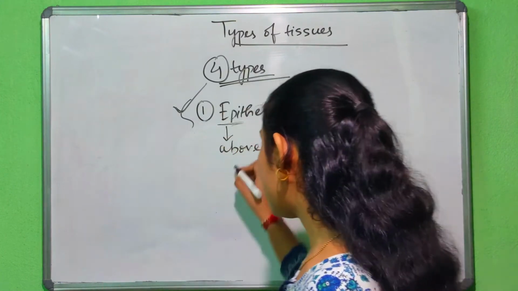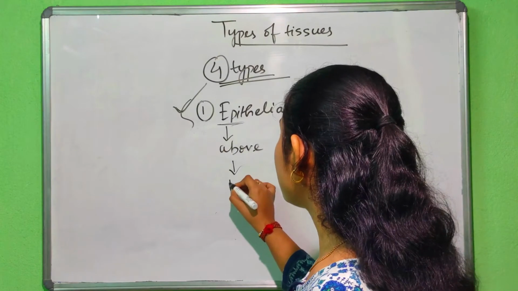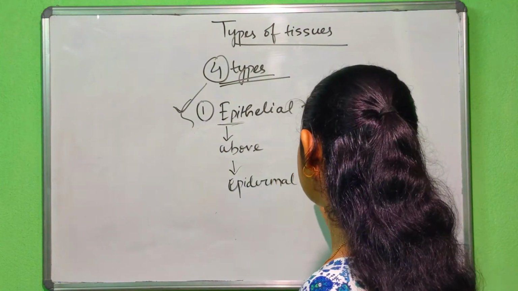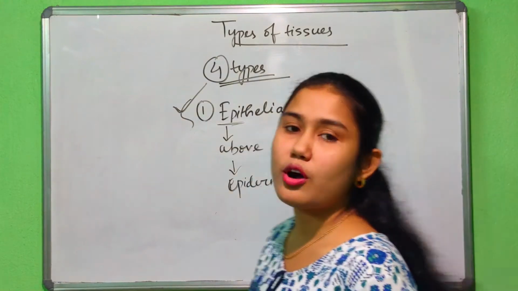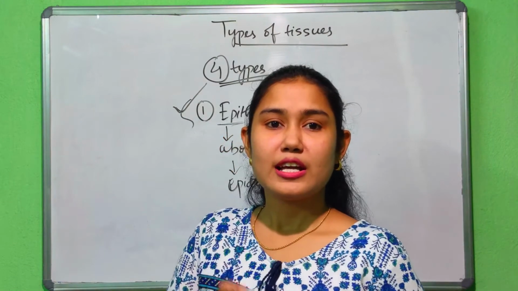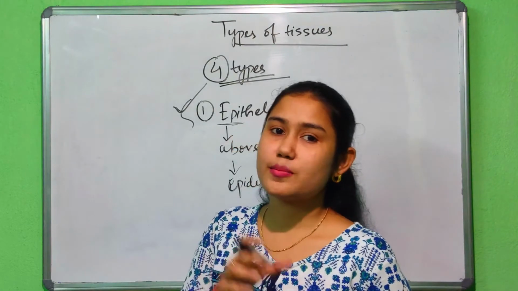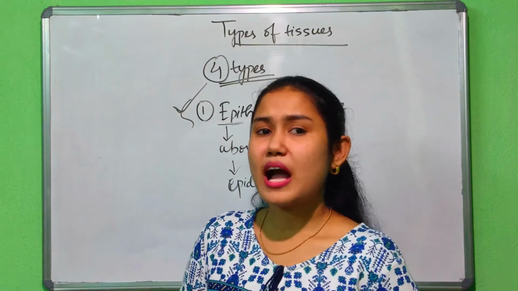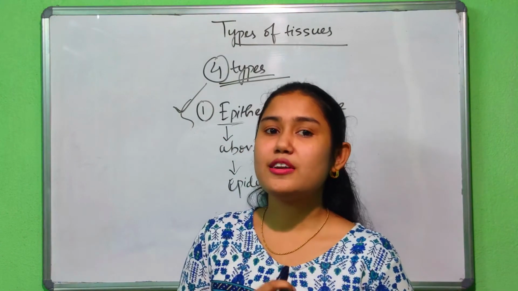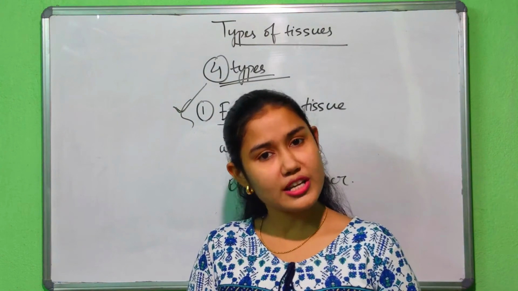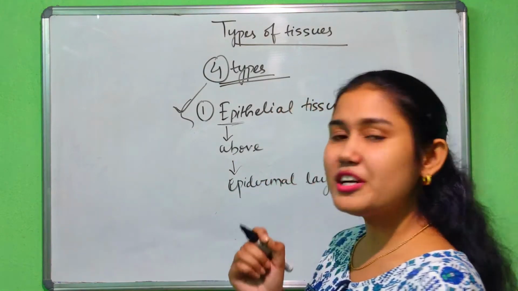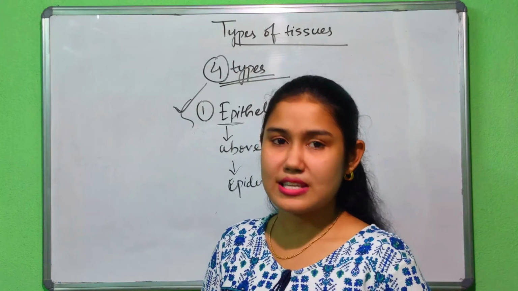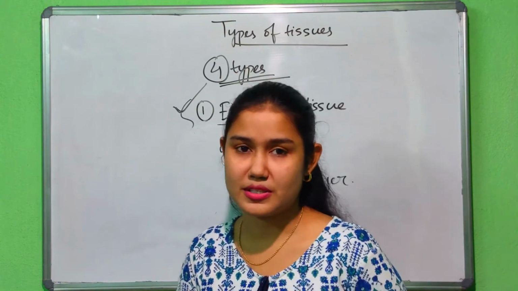So we can say that epithelial tissue forms the epidermal layer, and it also forms a barrier between the various body organs, separating them. Now come to the function. As I have already told, the main function of epithelial tissue is protection. Due to its protective nature, it cannot have intercellular spaces.